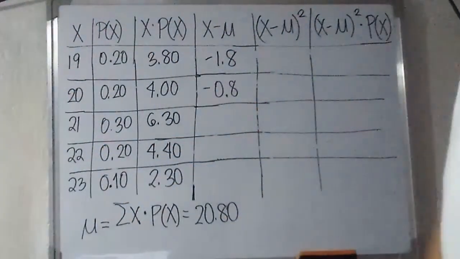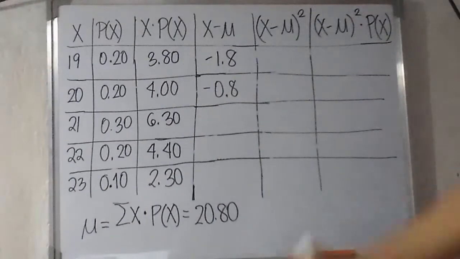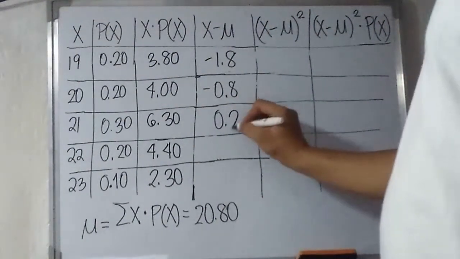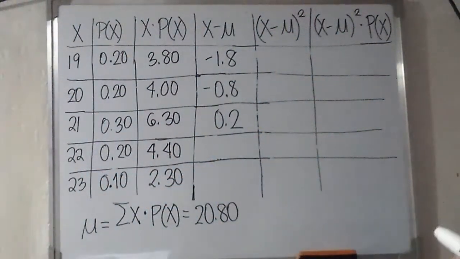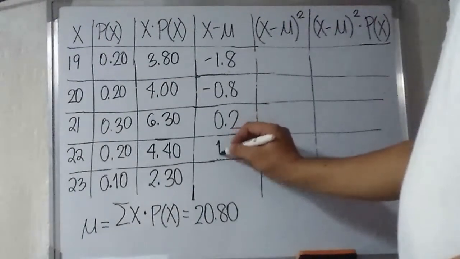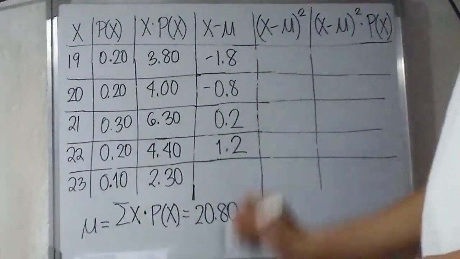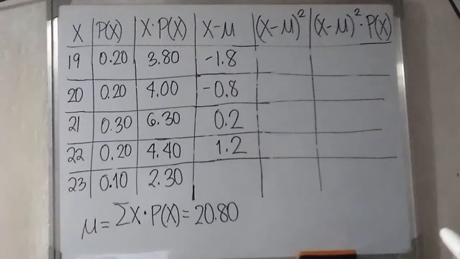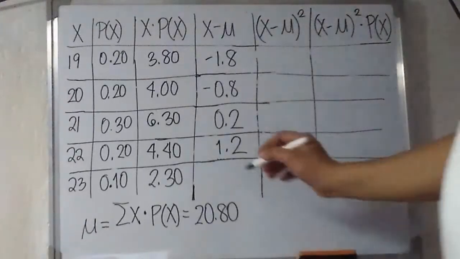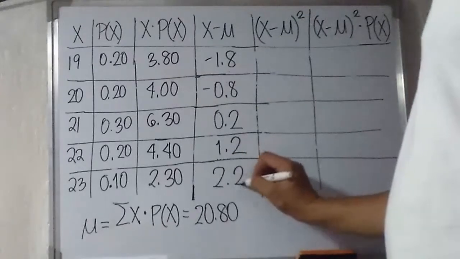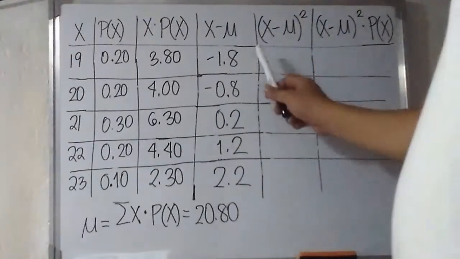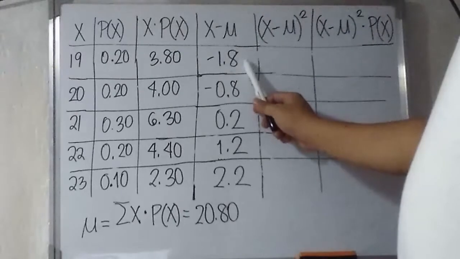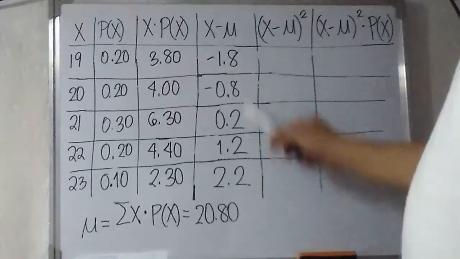21 minus 20.8, 0.2. 22 minus 20.8, that would be 1.2. 23 minus 20.8 is 2.2. Next, we're going to square this column.